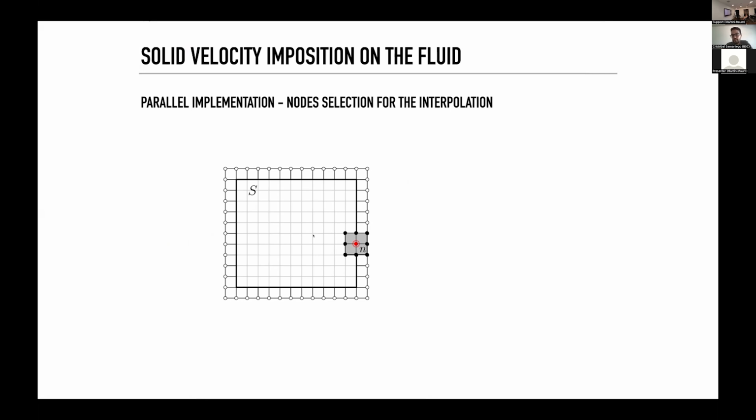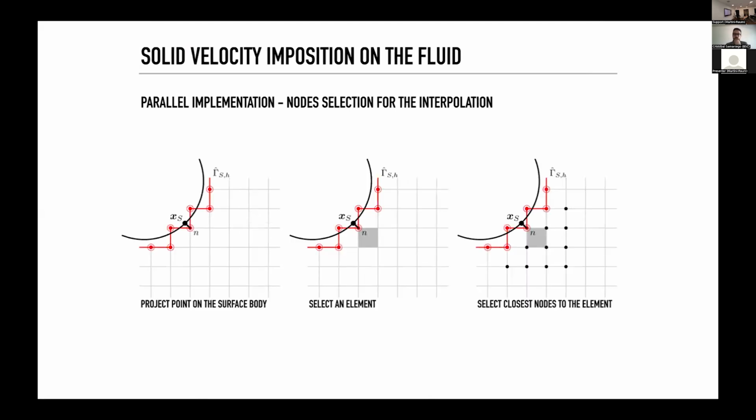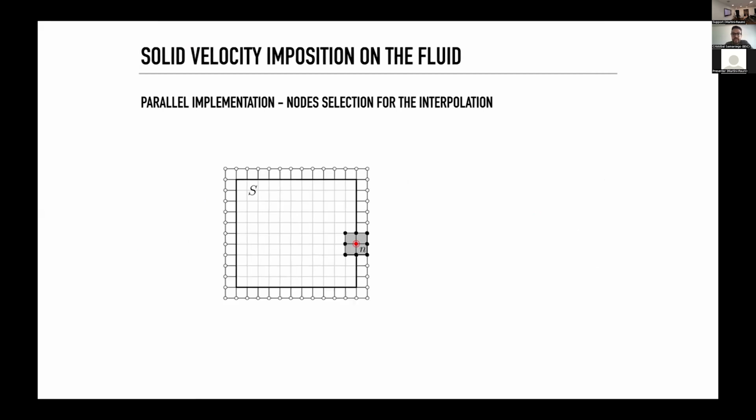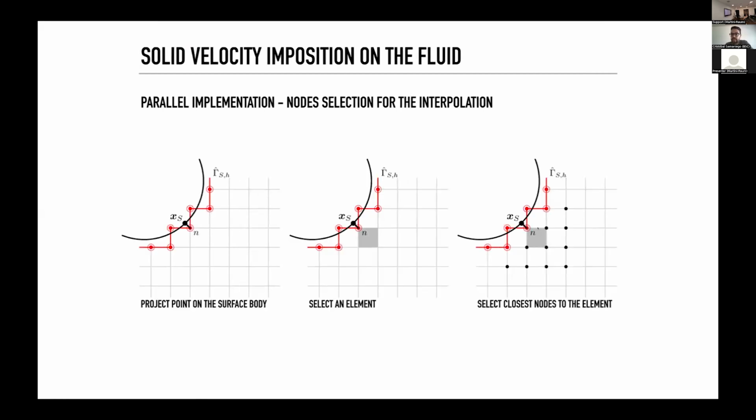We opted for this option because in this way we can reduce the number of communications. So as you can see now, with this kind of parallelization, no matter which element we select, all these black nodes, all this data, will be available in any subdomain.